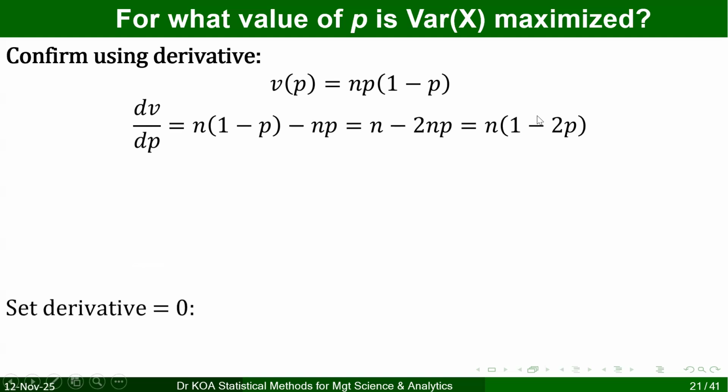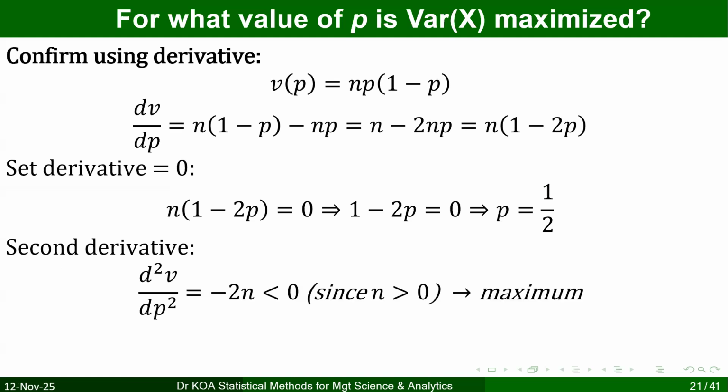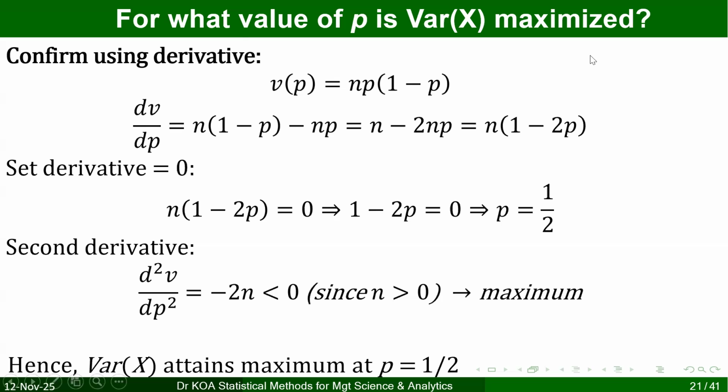And now you take the second derivative of that first derivative. This second derivative will yield minus 2N, which is actually at the maximum because N is positive. And then you have the variance attaining the maximum value. That is how you have been able to prove what value of P maximizes the parabola and whether it is really at the maximum.